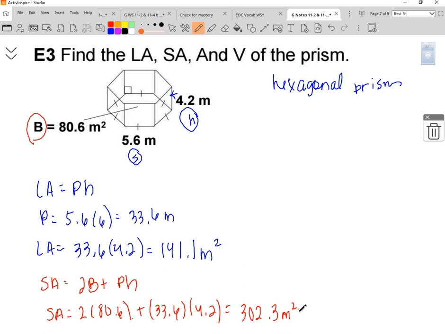So that would be the surface area, and the volume, even easier now that they gave us the area of the base times the height. Area of the base, they told us, is 80.6.